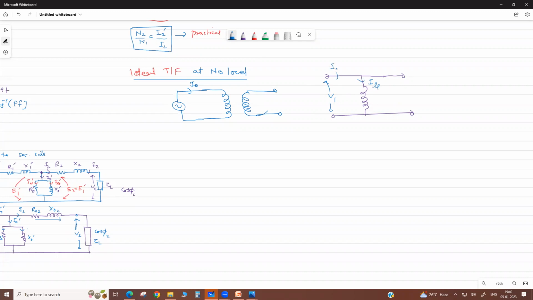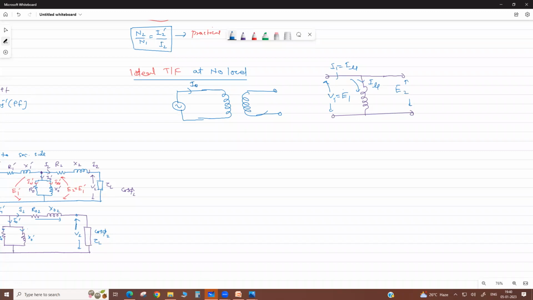Your I1 is only equal to I mu, the magnetizing current. Due to this there is an induced EMF E1 in the primary and induced EMF E2 in the secondary. Now you know this V1 equals E1, because with no impedance there is no voltage drop in the primary impedance.